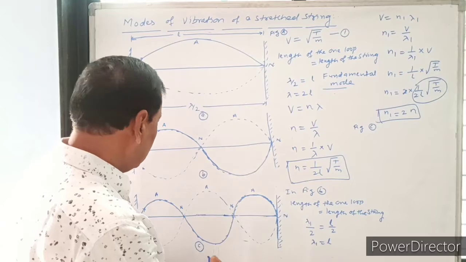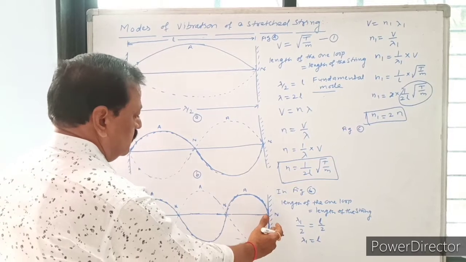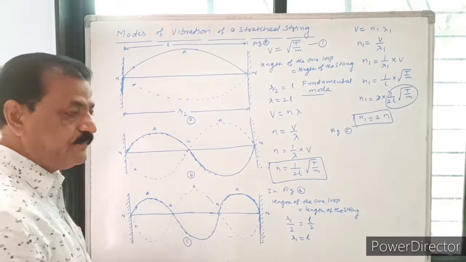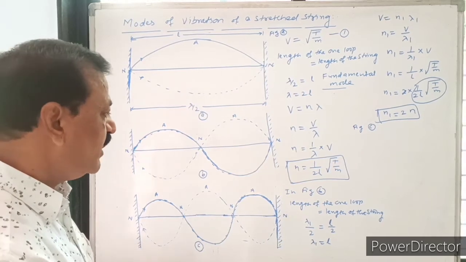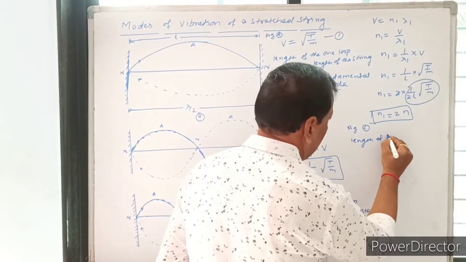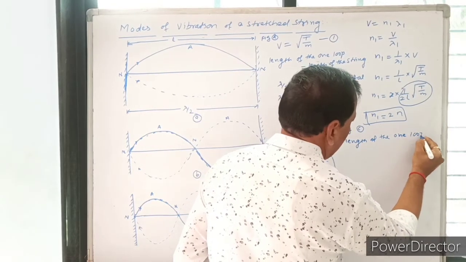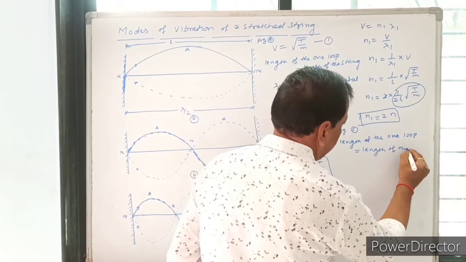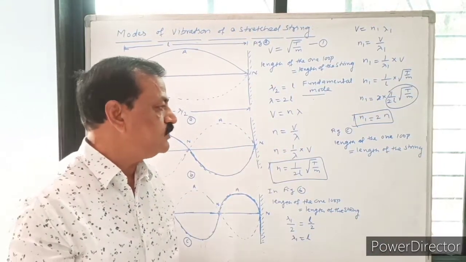Therefore, from figure C, the distance between one loop is lambda by 2, the length of the string is L. The length of the one loop is equal to the length of the string.